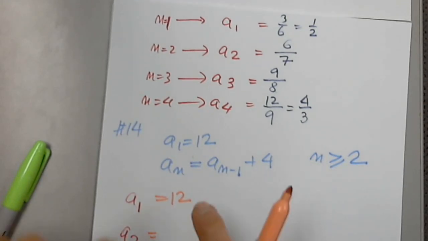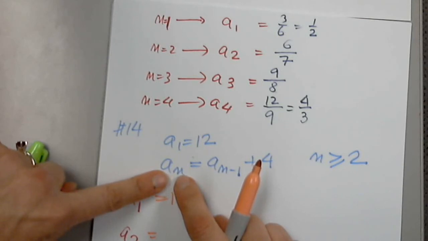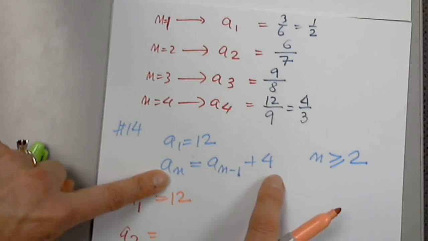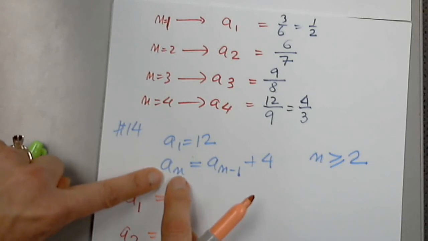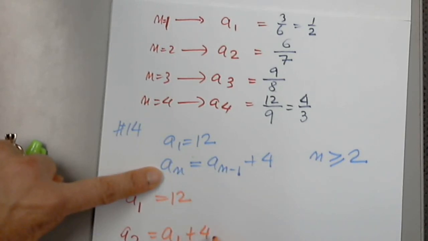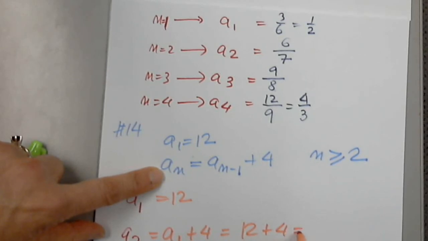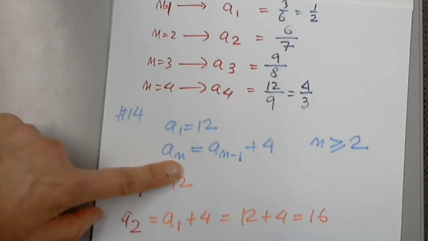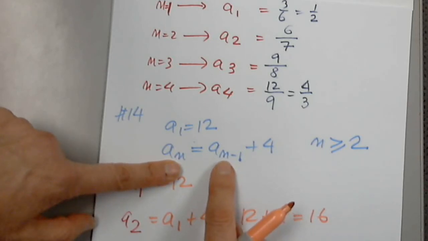Now, how do I determine A2? A2 will be determined using A1 plus 4. Because if this is 2, 2 minus 1 is 1, so this is A1 plus 4, which will be 12 plus 4, which is 16. A3, what will A3 equal to? A2 plus 4.